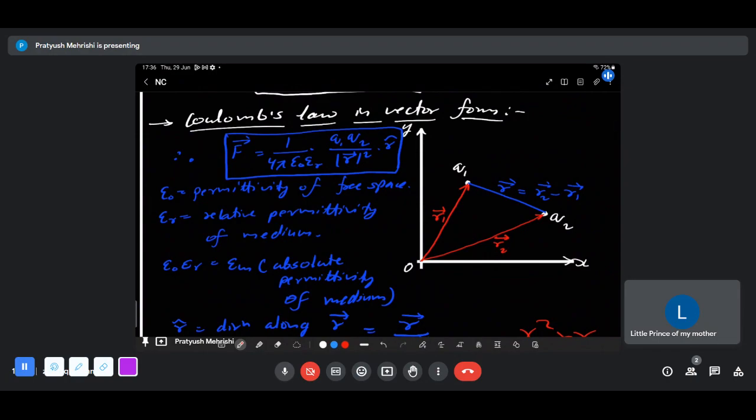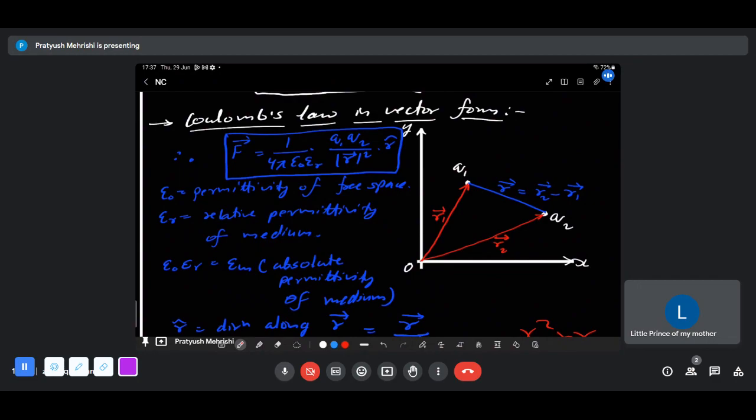Two point charges are given to us, but those two point charges have position vectors.